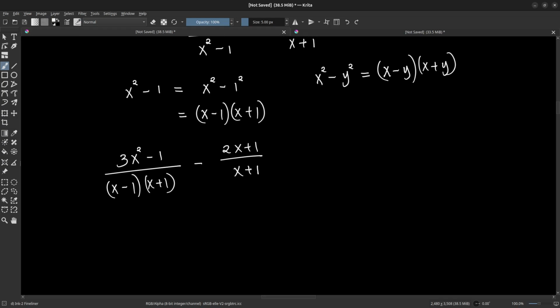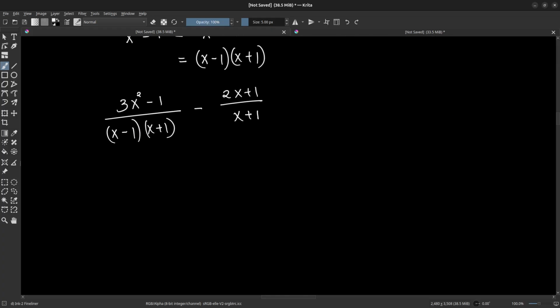Okay, so now it's clear that we can find the LCM of this denominator and this other one. The LCM of (x minus 1)(x plus 1) and (x plus 1) is the one on the left, (x minus 1)(x plus 1). So the denominator is (x minus 1)(x plus 1).